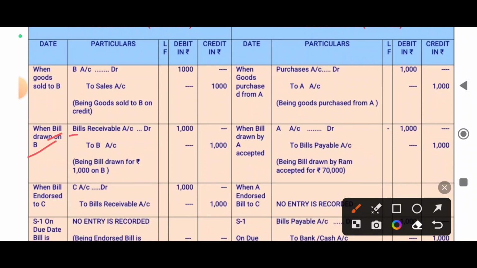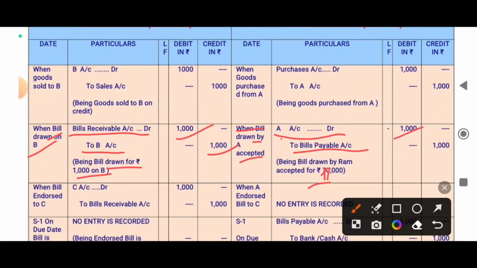So in the books of A, bills receivable account debit to B account, being bill drawn for rupees 1000 on B, 1000 rupees, 1000 rupees. In the books of B, when bill drawn by A is accepted, A account debit to bills payable account, because for B it is bills payable. It is 1000 rupees.